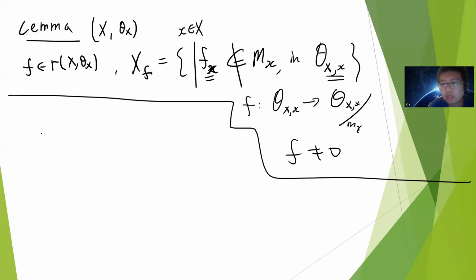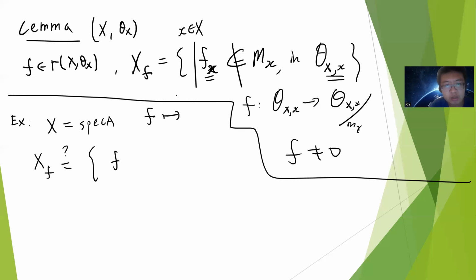Let's work on an affine scheme. A quick example, before I state the lemma: if you take X to be affine, say X = Spec A, and f in A, then what is X_f? Now each x is a prime ideal, so you restrict f to the stalk, so f is just mapped from A to A localized at P. This will be f divided by 1.